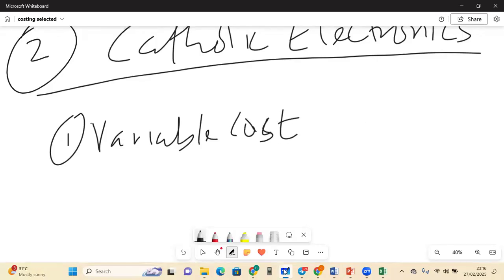Remember that whenever we are doing the high and low method, we assume a linear relationship, and y is equal to a plus bx, where y is the total cost, a is the fixed cost, b is the variable cost per unit, and x is the activity level, right?